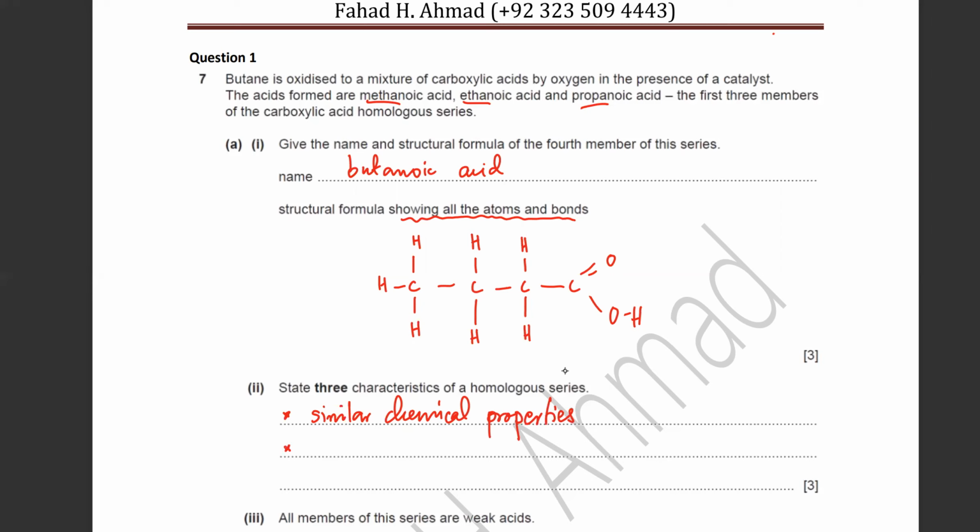Okay, next one, they show trends in physical properties, which are not exactly the same, but they show trends in physical properties. Number 3, they have the same functional group.